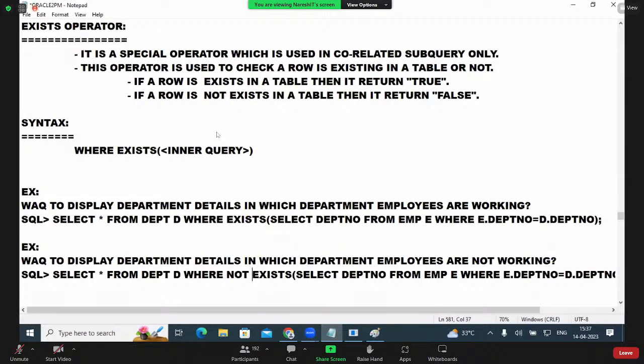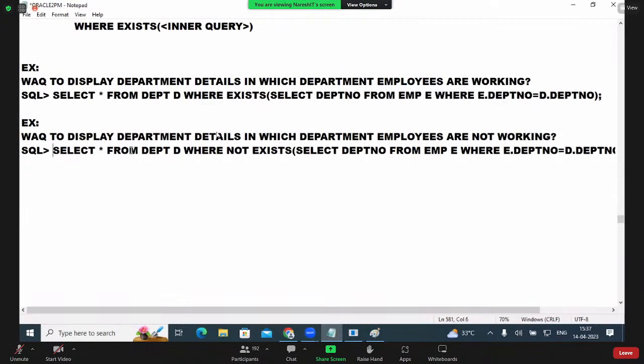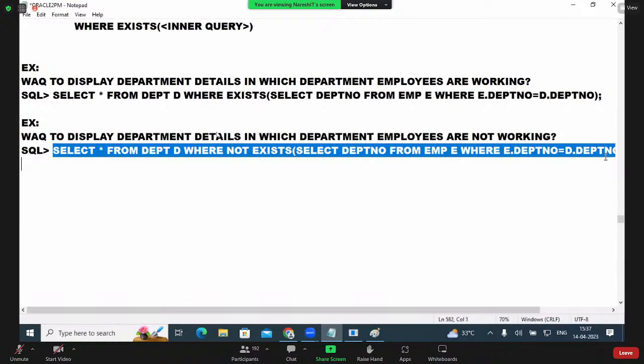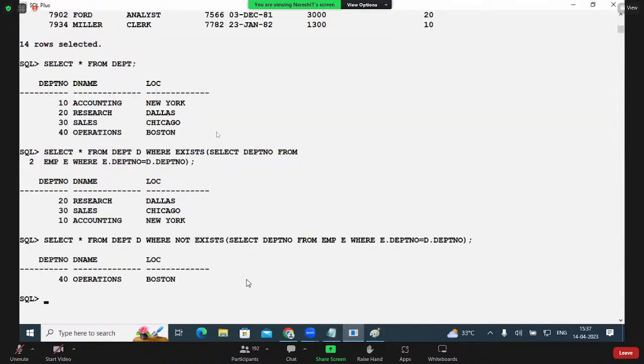Same, EXISTS, NOT EXISTS, positive and negative. Now we can see in this example, I'm using NOT EXISTS. So in which department are employees not existing? In the 40th department, there are no employees working. Okay, now write down below.